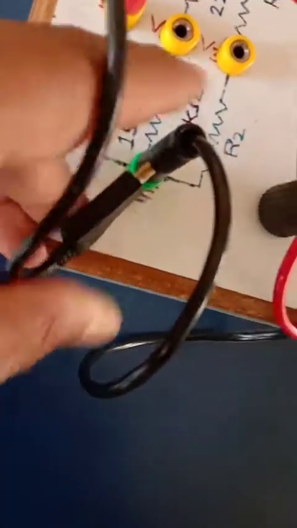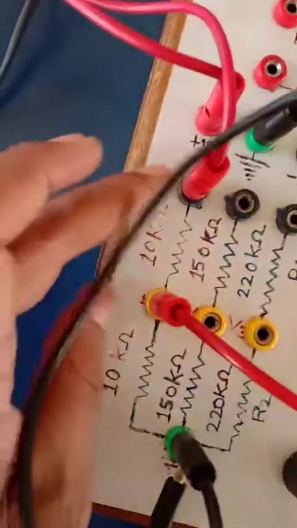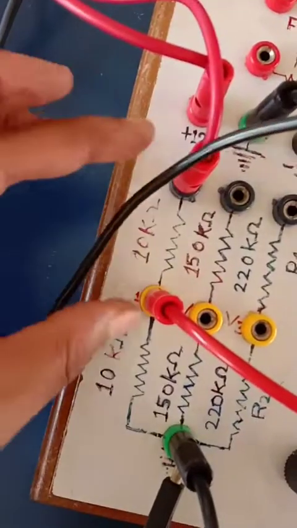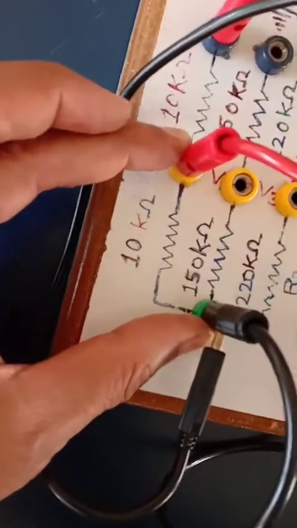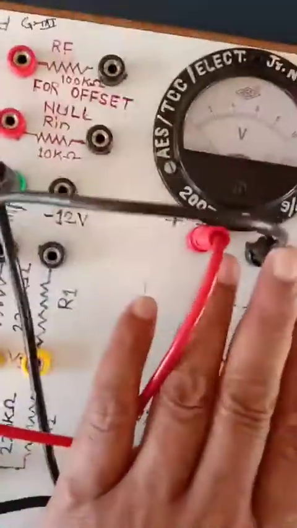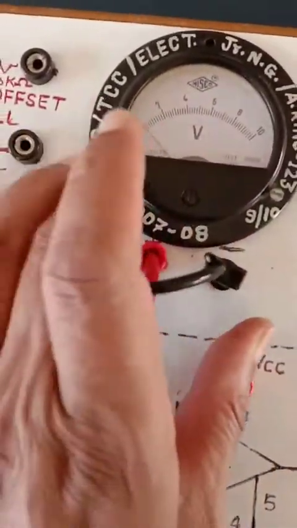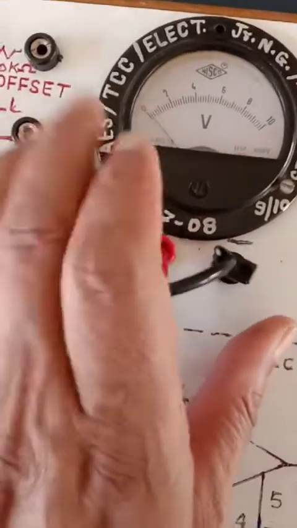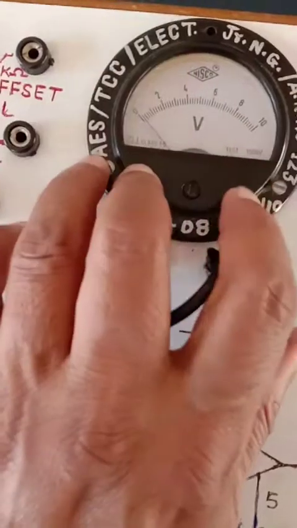Okay, then we should get 6 volt here. 12 volt is applied, so voltage across R1 should be 6 volt and voltage across R2 should be 6 volt, but due to overloading or due to less sensitivity of this voltmeter, we cannot get 6 volt.